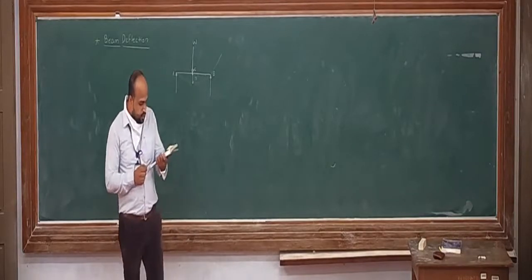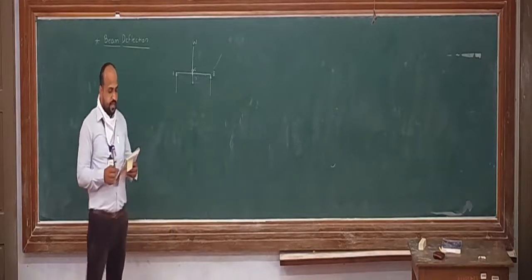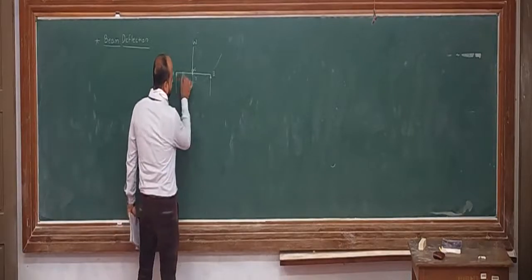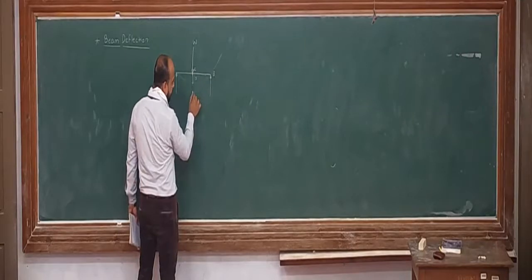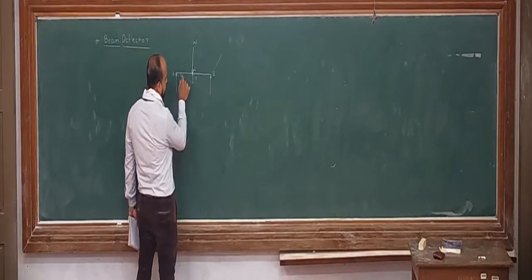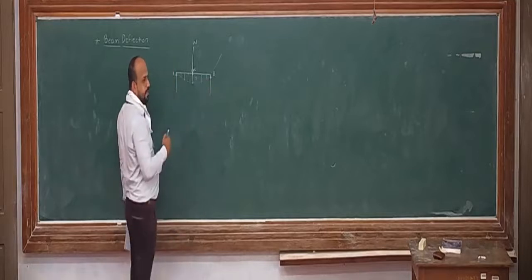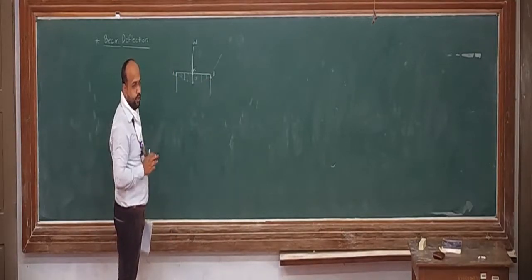It is a distance through which a point on a longitudinal axis displaces in a direction transverse to the longitudinal axis. So this is the longitudinal axis. Under this load, this location I have taken as the maximum location. You can see here some deflection is there, here some deflection is there. So it varies. Deflection is maximum where the load is acting, since there is only a point load.